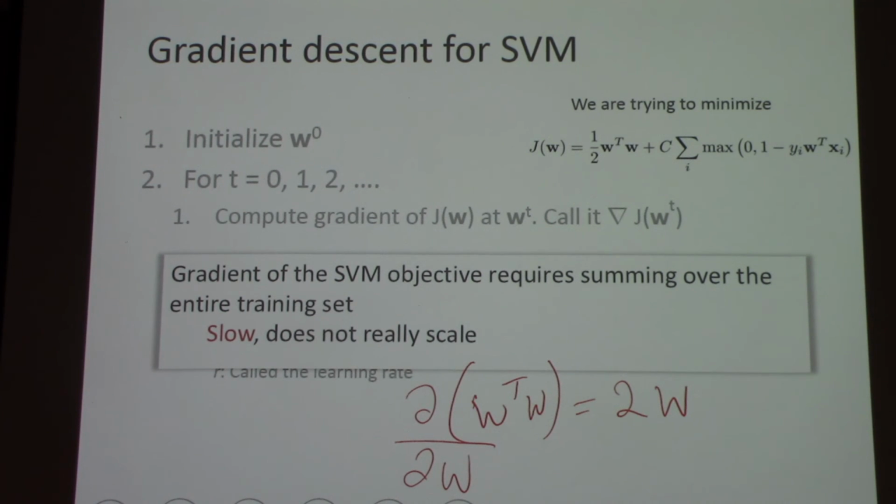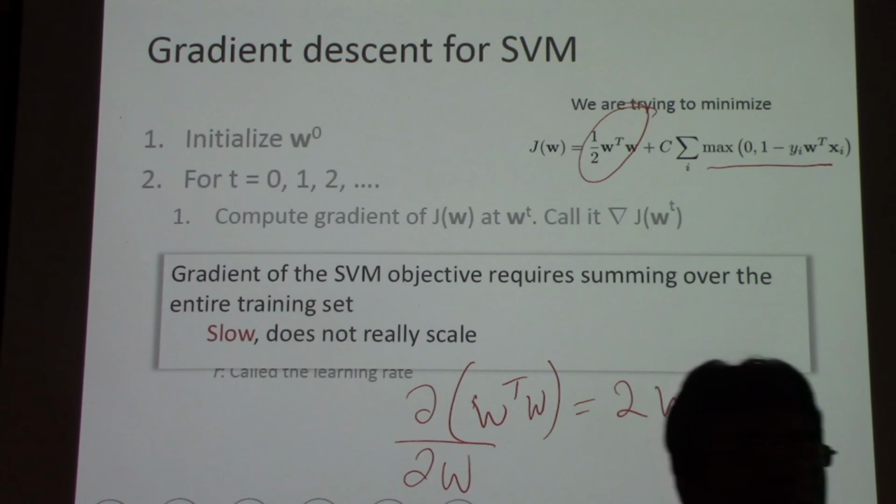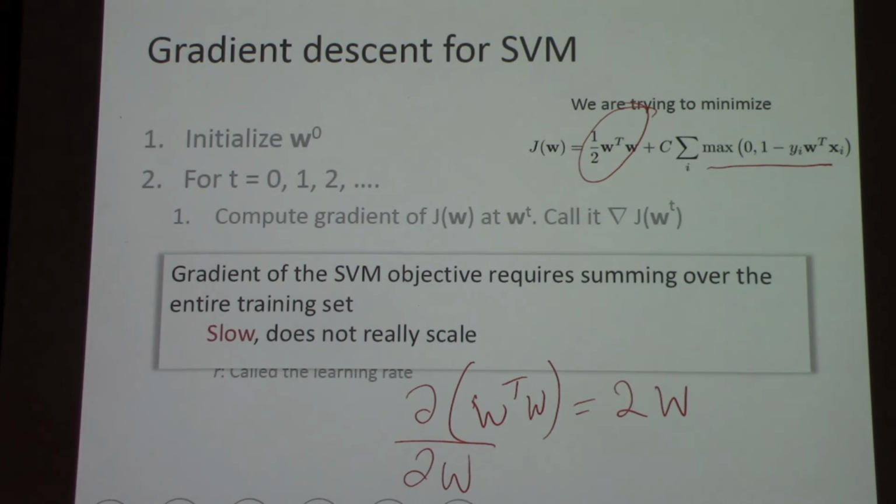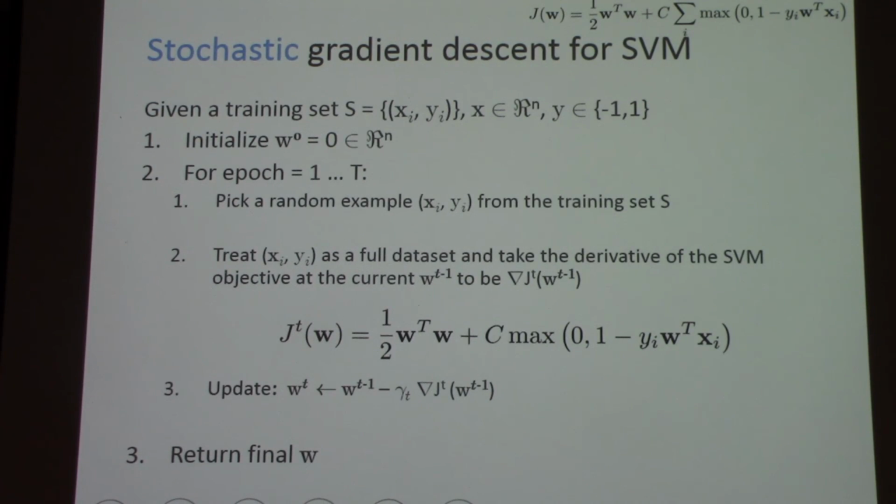W transpose W is just like W squared, so that part is easy. And now I have to take the derivative of this entire sum, every element. So in order to compute one gradient estimate, I have to sum over the entire training set. We live in the world of somewhat biggish data, not very large, but it's often computationally inconvenient to take derivatives over the entire training set. And that's going to hurt us.